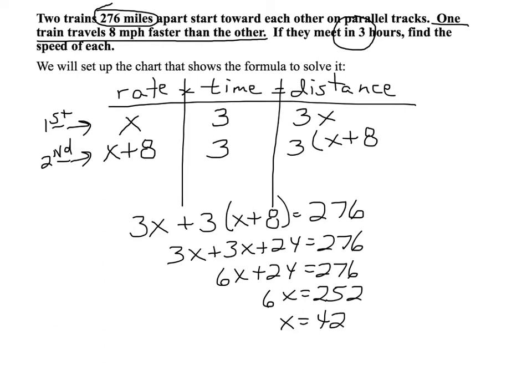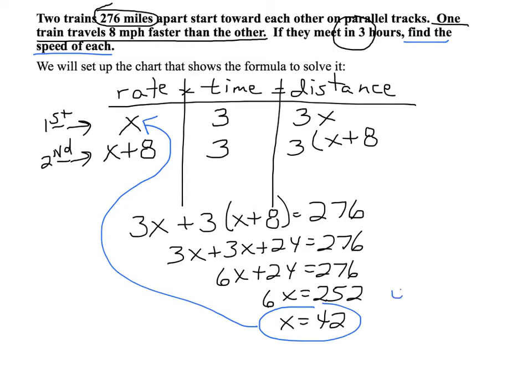That means that the first train must have traveled 42 miles per hour, and remember, it asked me to find the speed of each one. If the first one traveled at 42 miles per hour, the second train must travel 8 miles per hour faster than that, or 50 miles per hour. So that's the answer to this particular problem.